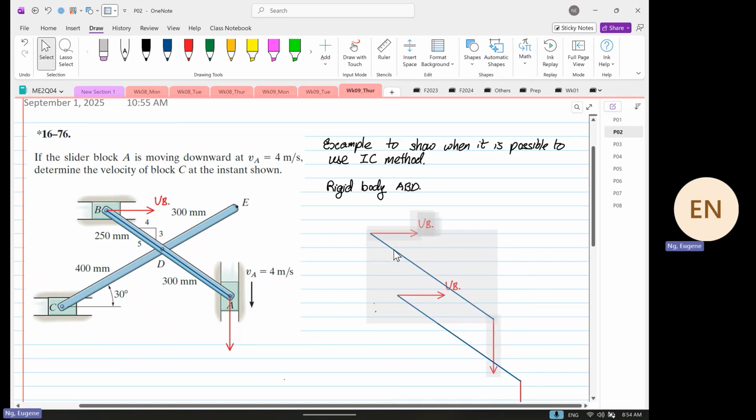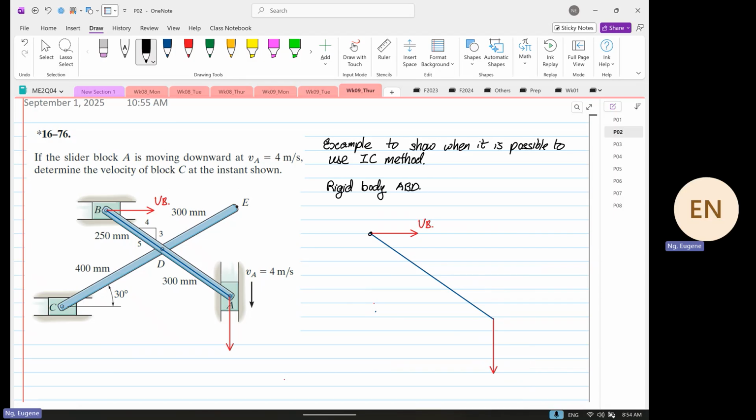Now, this we know is our point B, and this we know is our point A. So we know that this is going down at 4 meters per second. The next thing we're going to do is analyze AB in the instantaneous center domain.